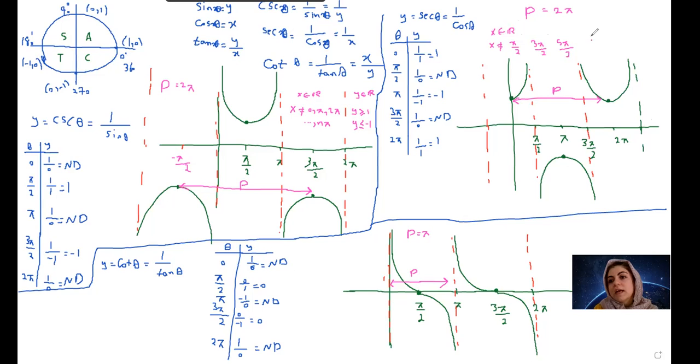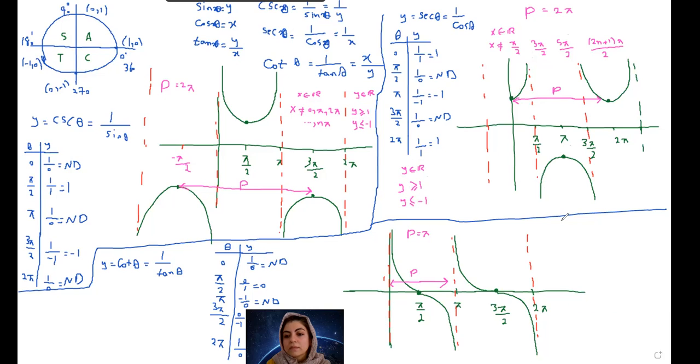If I want to generalize that, it's going to be 2n plus 1 times pi, divided by 2. 2n plus 1 is the odd number over 2. This is my domain, and my range is y belongs to real numbers, y greater than or equal to 1. So this is that part. See, this goes up from 1. And here, y less than or equal to -1.